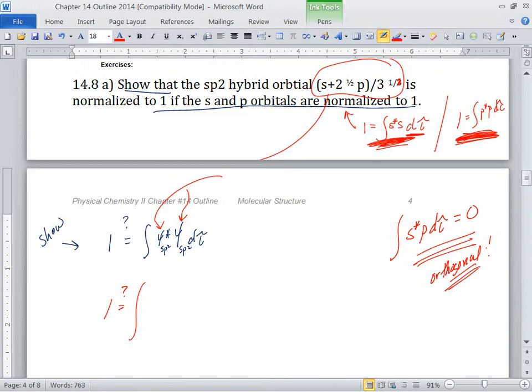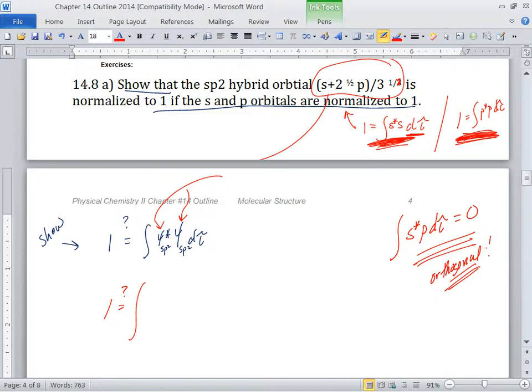That's why we had to change that cube root of 3 to the square root. They messed up. And remember, those numbers you can pull out of the integral.